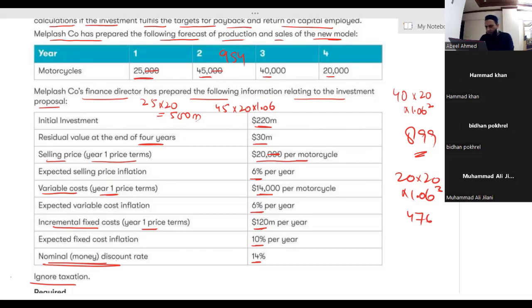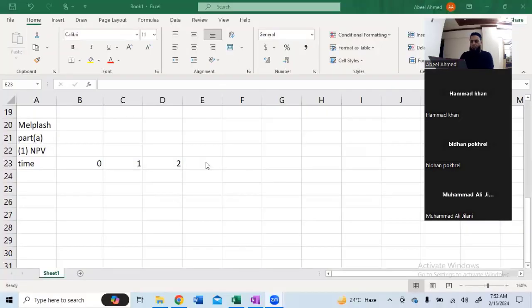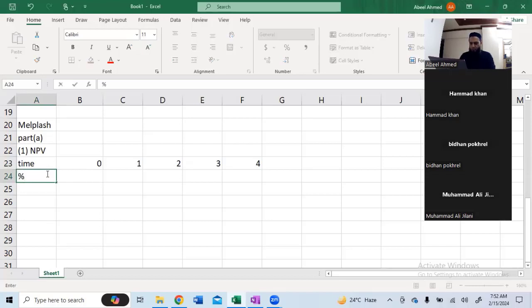Oh, did I share the page or no? I think I've shared the page. Okay, it is 3 and then 4. Dollars in million.